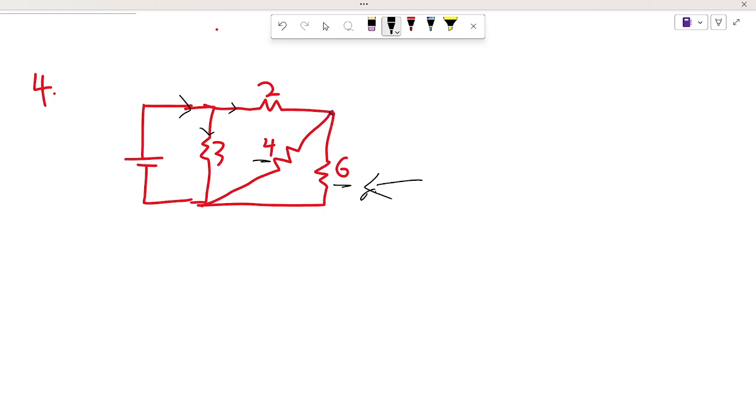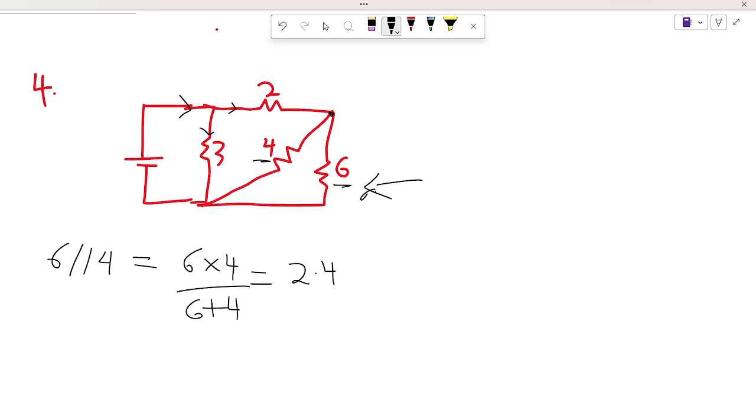There's a node present here, and when you traverse through their path, there are no other elements present, just the two resistors. So for the 6 ohm resistor in parallel with the 4 ohm resistor, we have 6 times 4 all over 6 plus 4, and that's going to give us 2.4.